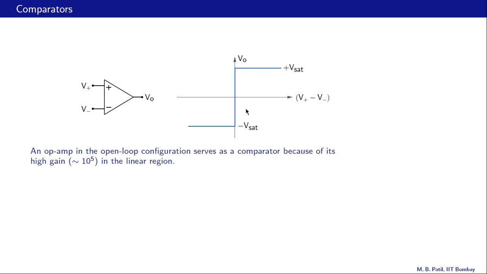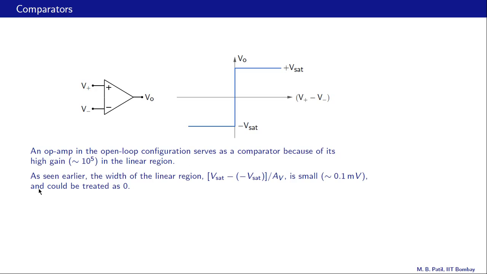Now this relationship looks familiar to us because we have seen that in the context of an op-amp. An op-amp in the open loop configuration can serve as a comparator because of its very high gain, something like 100,000 in the linear region. This is our linear region, and as we have seen, the gain in the linear region is very high.